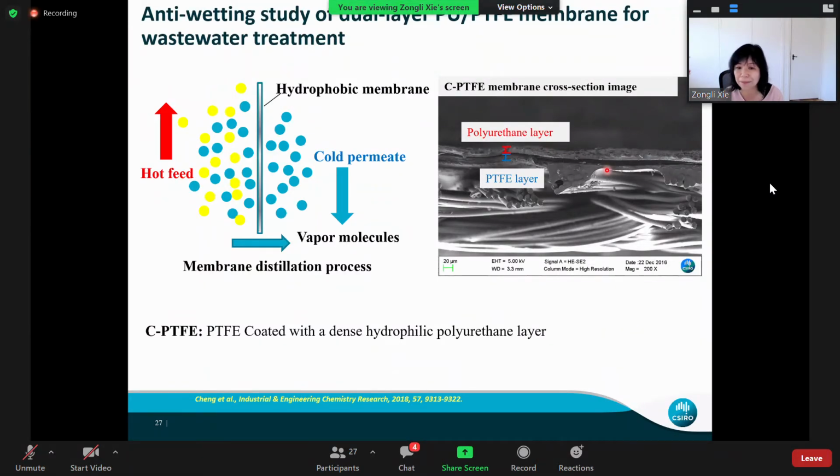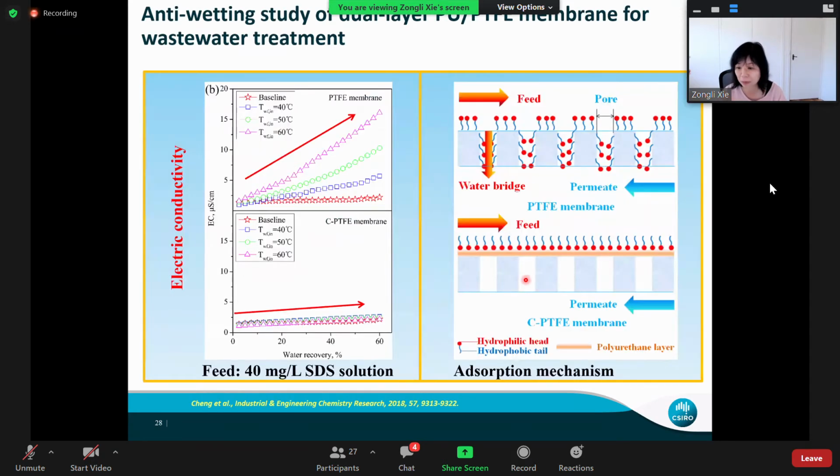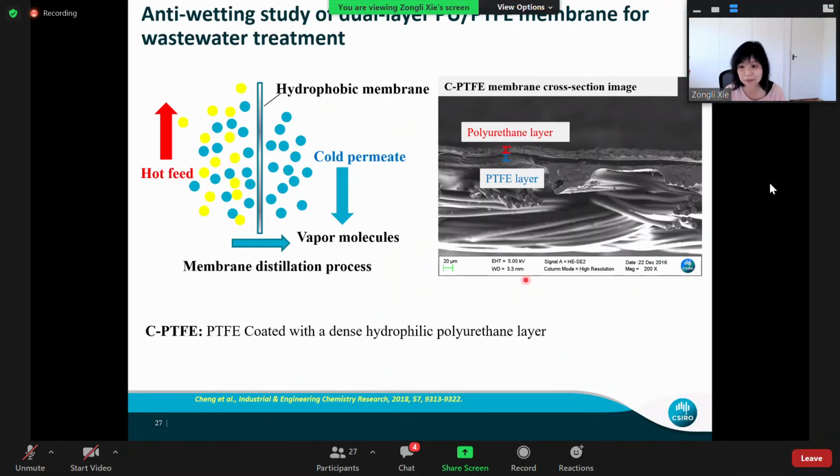It's a dense layer. When we tested the pore size distribution of the composite membrane together, we were unable to find out the pore size, because our instrument limitation is down to about 50 nanometers, which means it's lower than that.